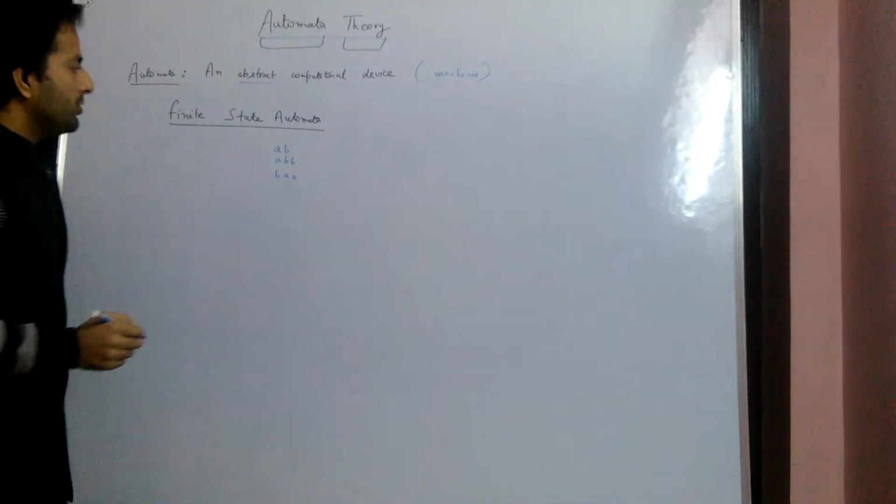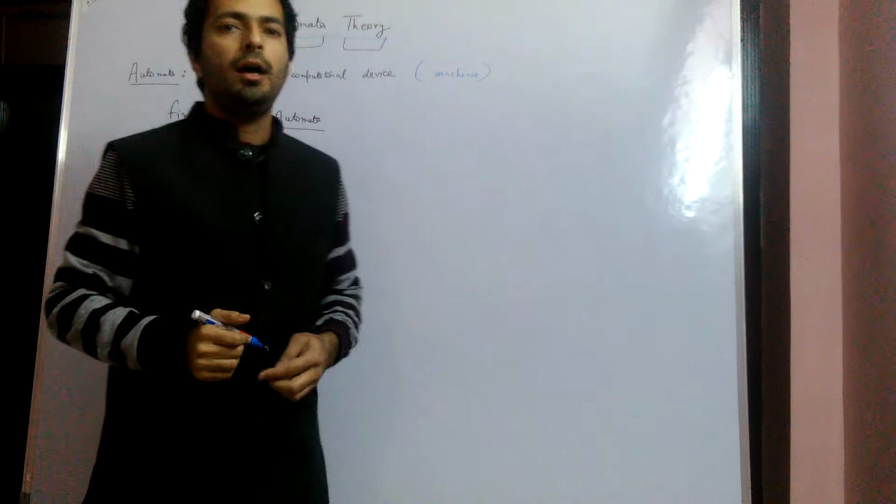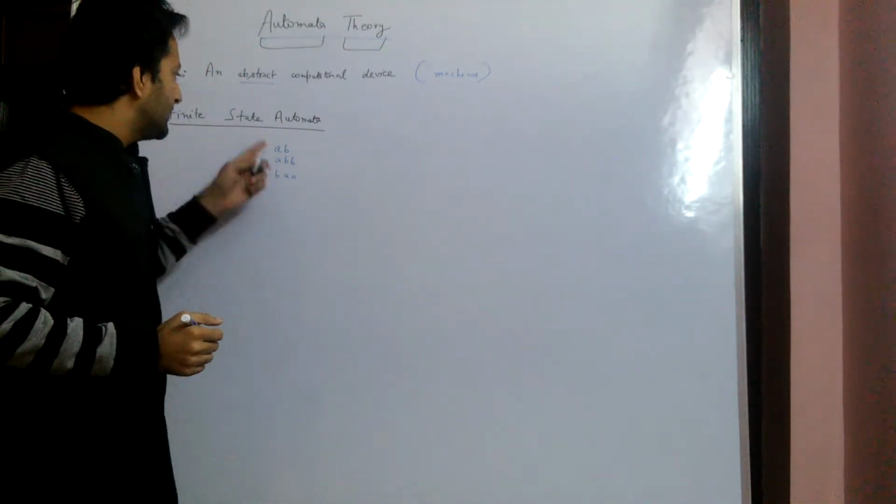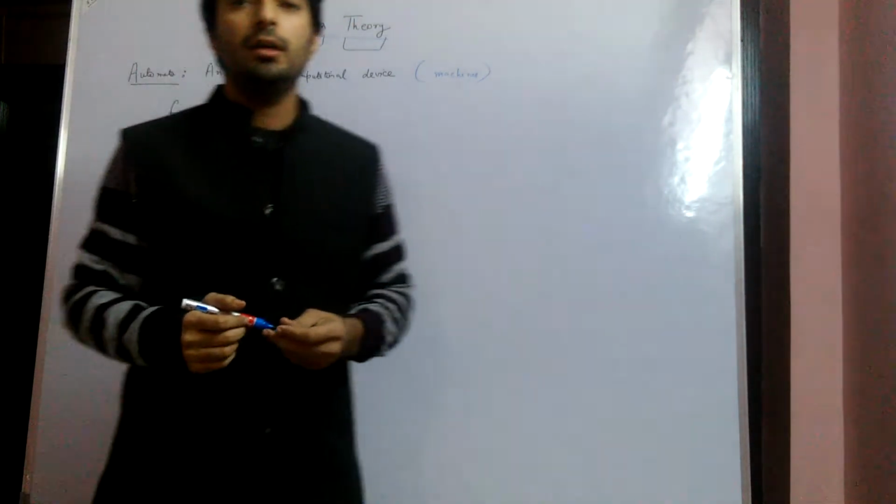You may have many different strings, and if you ask the person to recognize the strings starting with the alphabet A, it can have multiple A's also, but the main thing is that the string must start with A. All these types of strings will be accepted by the person, and these won't be accepted.